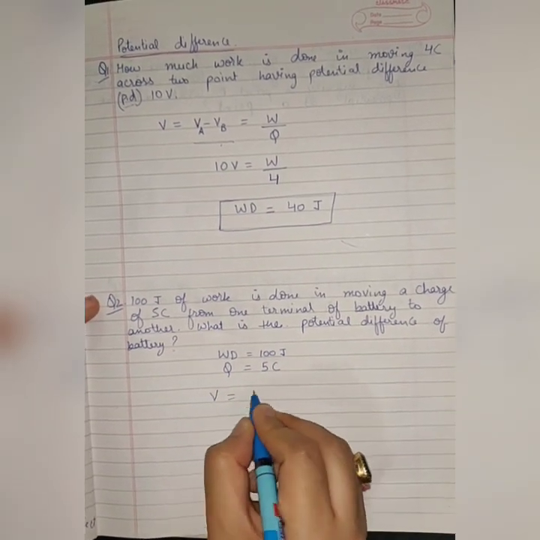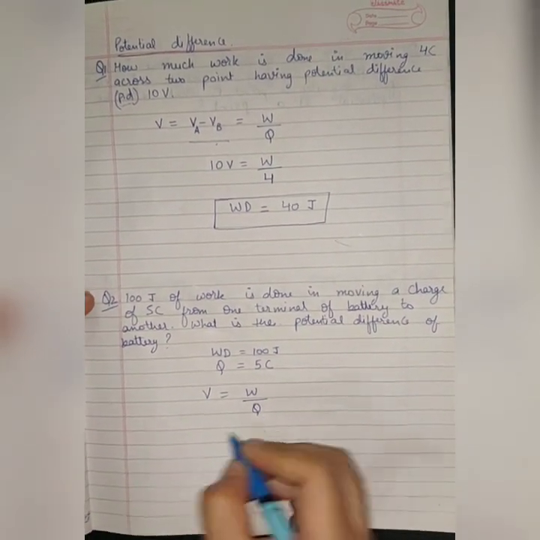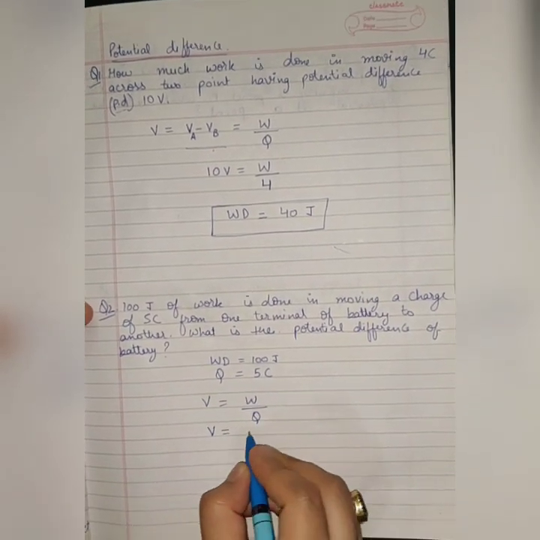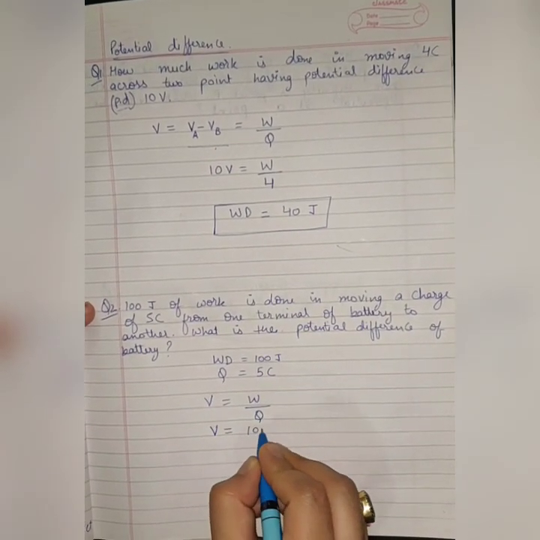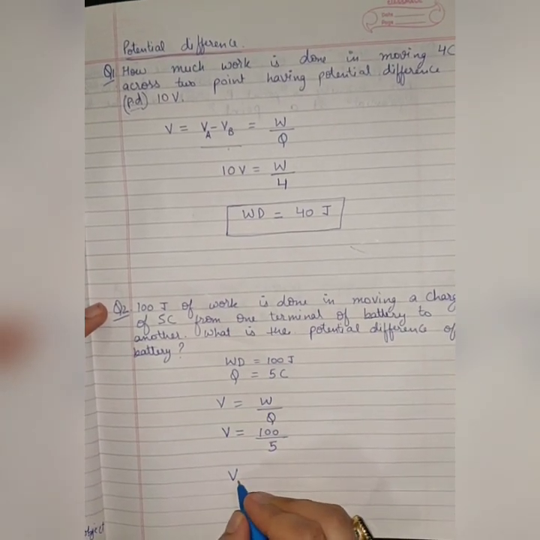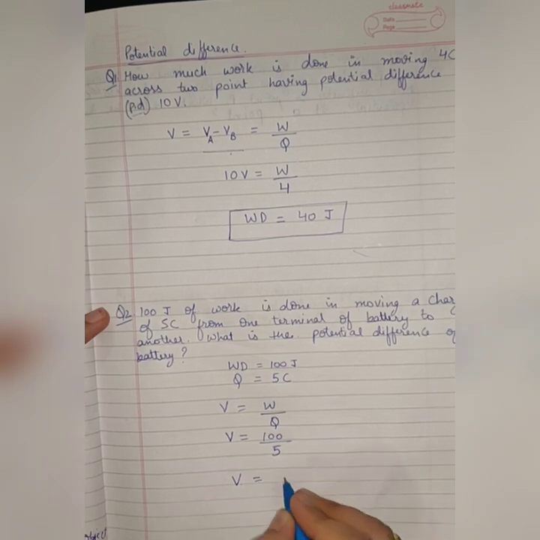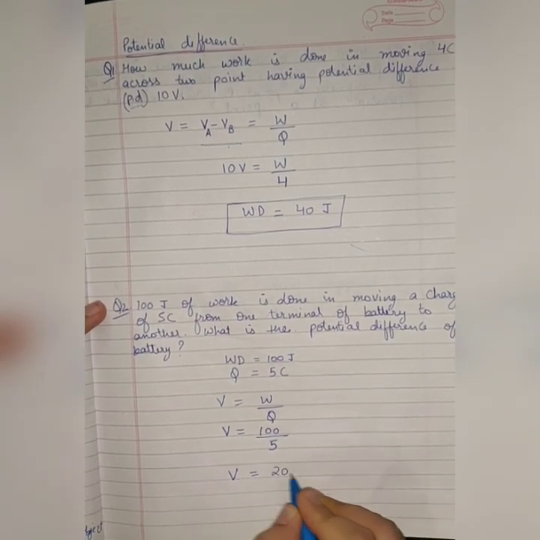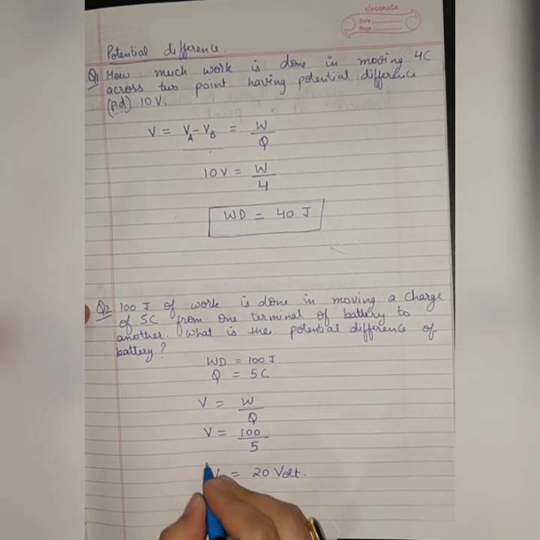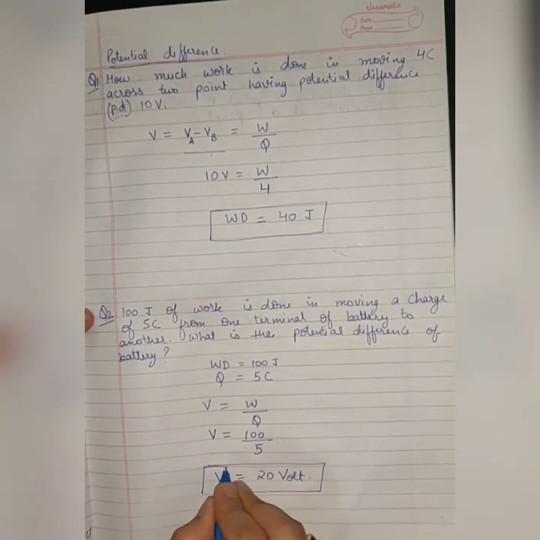Again the formula is work done upon charge, so V is equal to 100 upon 5. The potential difference V is 20 volt. This is your answer.